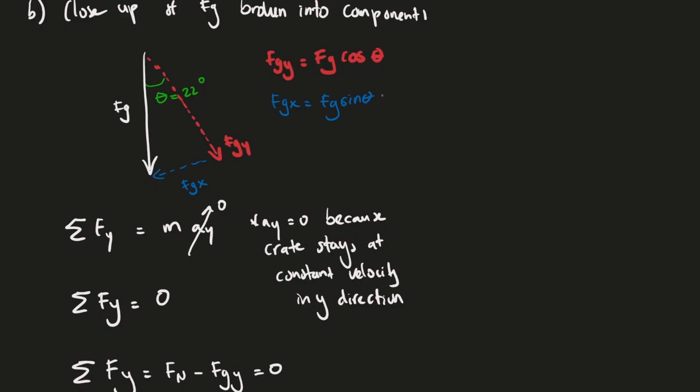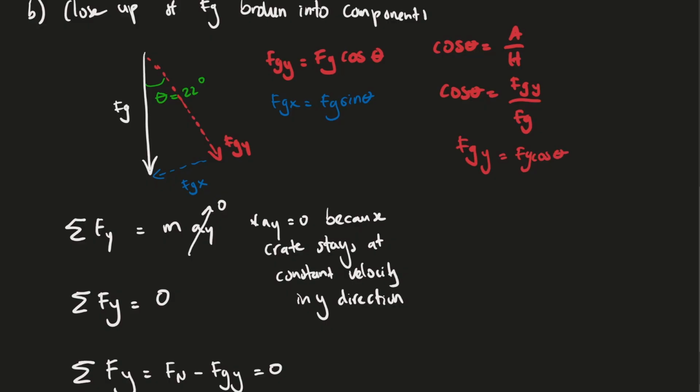If you don't remember, cos is adjacent over hypotenuse, right? So cosine theta is going to be the adjacent, which is Fgy, over the hypotenuse, which is Fg. If we rearrange the equation, Fgy is going to equal Fg cos theta.